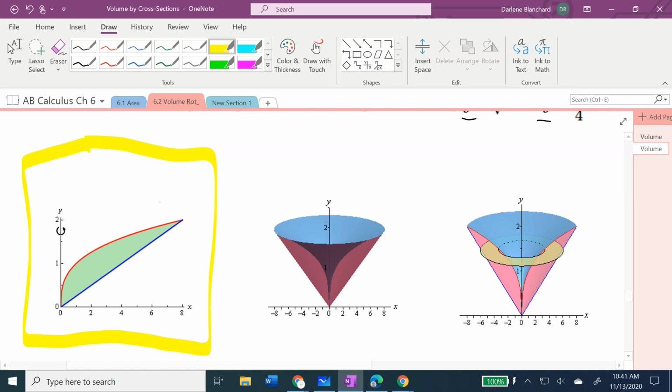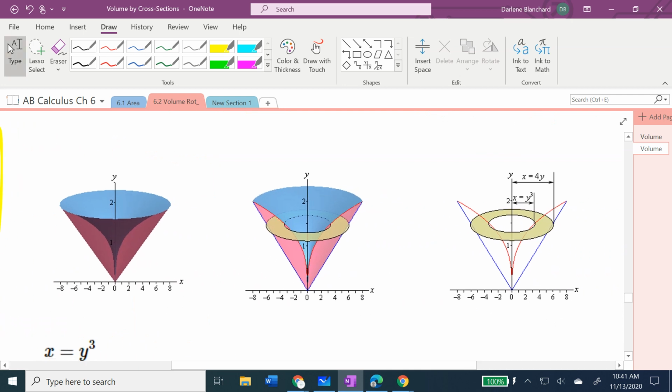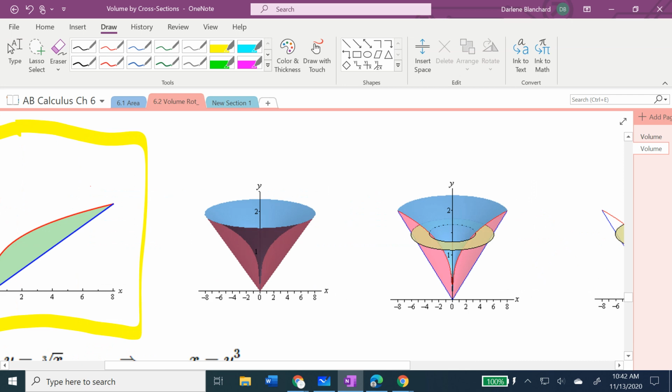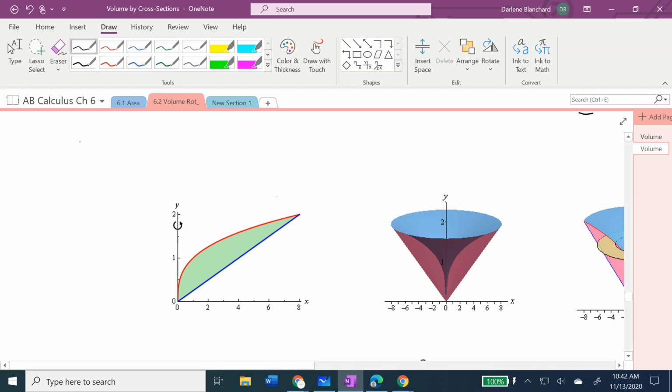Not that the other pictures aren't worthy, they're very valuable, but you don't have to sit there and try to draw them unless you want to. But if you take a nice look at it, I've got a nice variety of pictures to think about all that's going on. What you're going to do is focus on, we set up an integral with respect to y from 0 to 2.